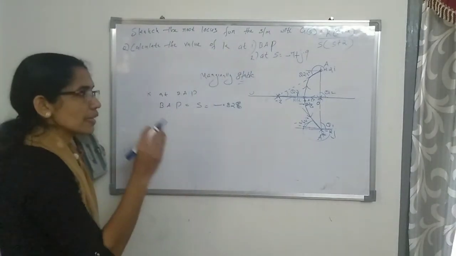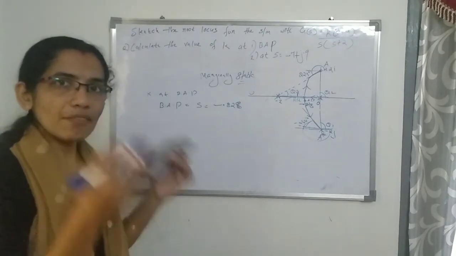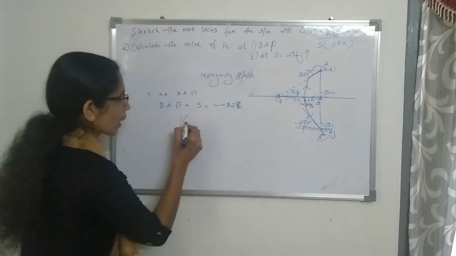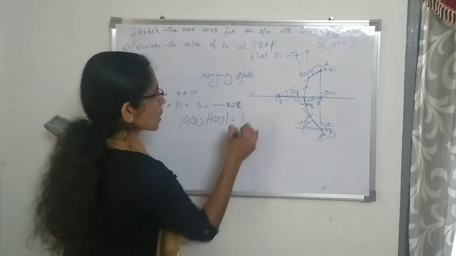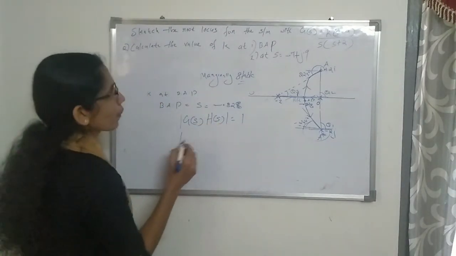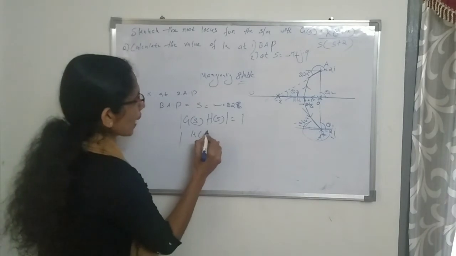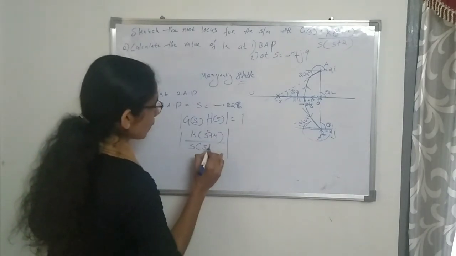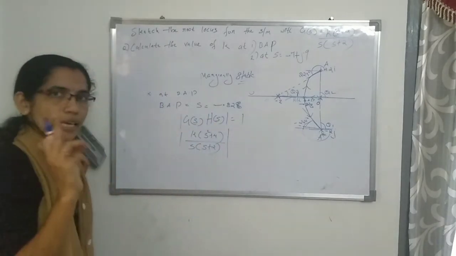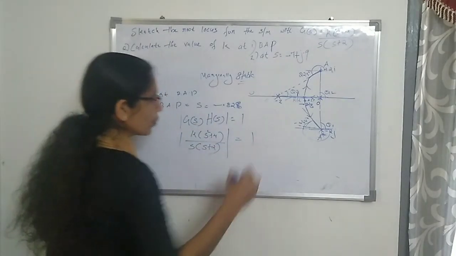Okay, for finding the value of k for any value of s, use the magnitude criteria. What is the magnitude criteria? Modulus of G of s into H of s is equal to 1. So the equation is k into s square plus 4 divided by s into s plus 2, and we are considering H of s equal to 1, that equals 1.